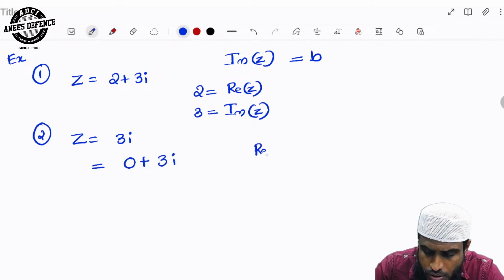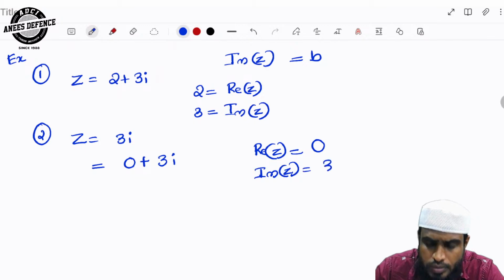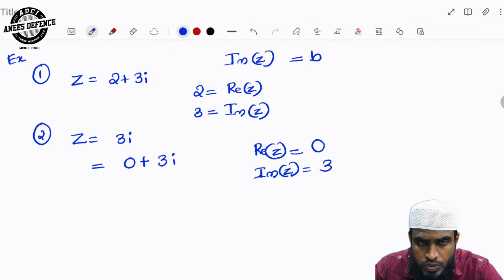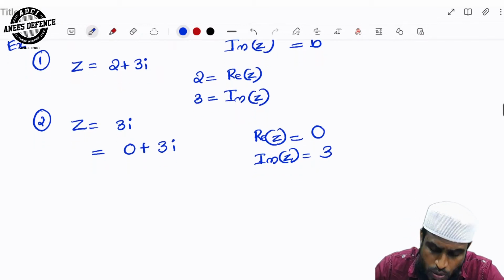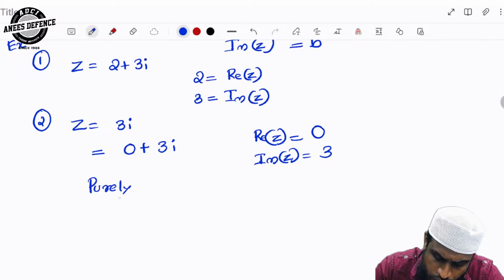So the real part of Z is equal to 0 and imaginary part of Z is equal to 3. So in this complex number only the imaginary part is there. So we will call this complex number purely imaginary.